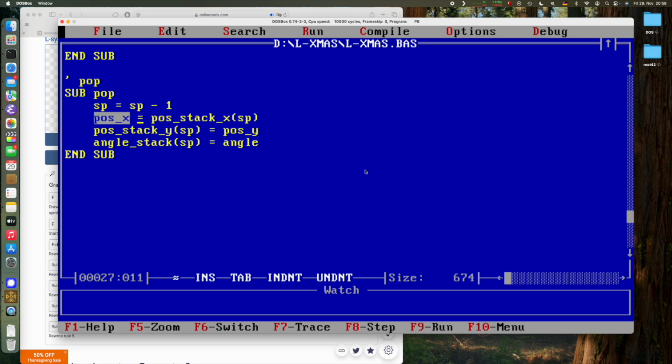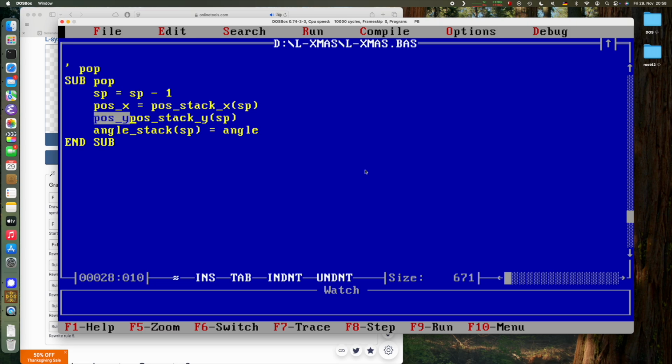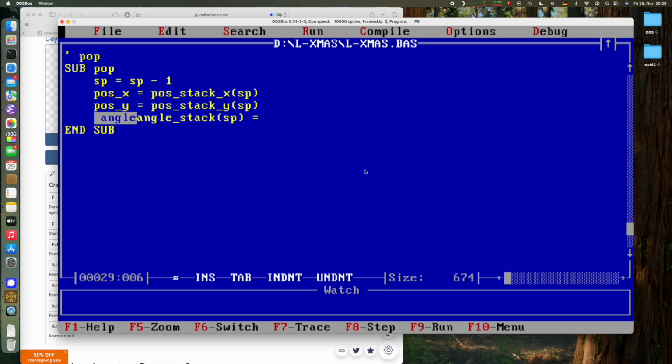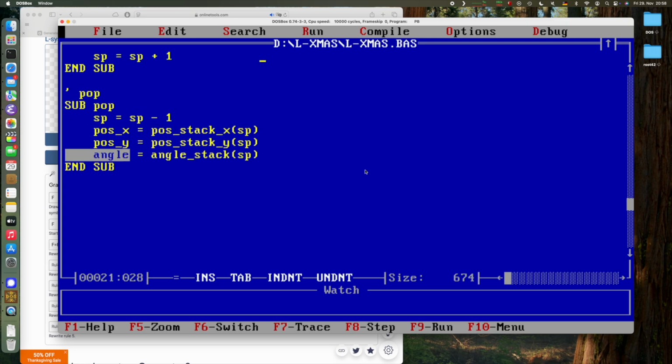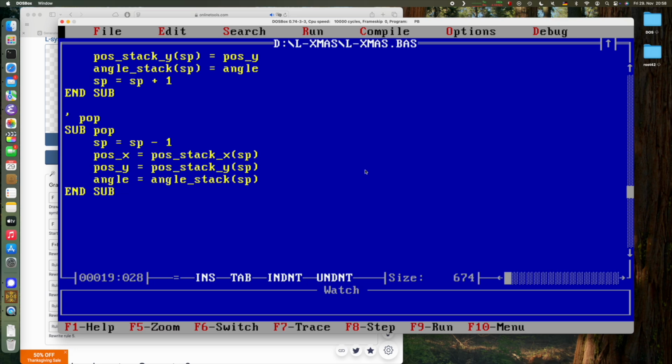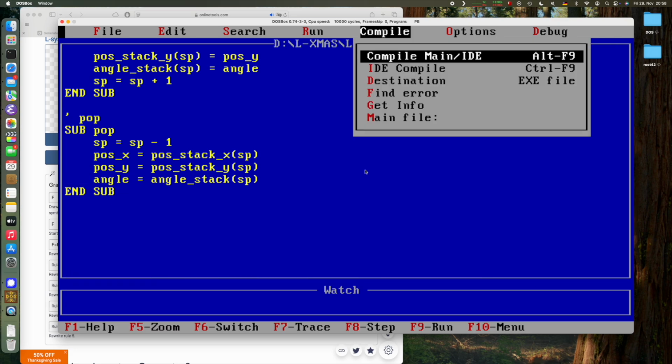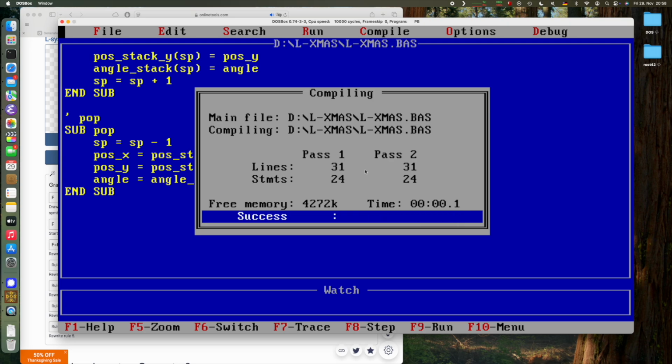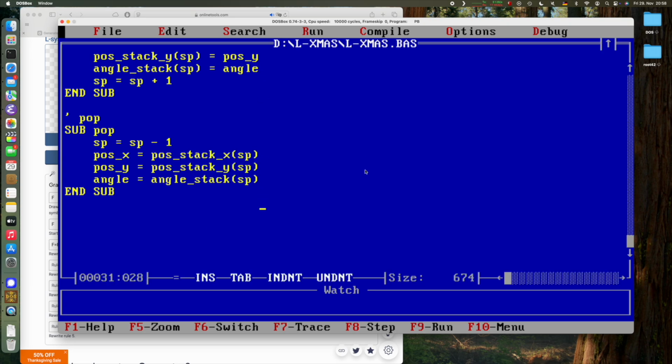We are taking something out of the stack, which makes much more sense if we write it like this. And that is basically everything we need for push and pop. And this is something that we didn't have in the old code. That was not there. It still compiles, that is good news.